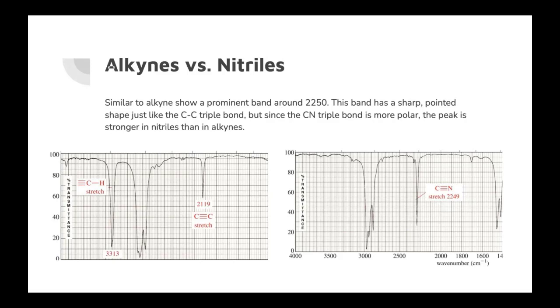If it's right in the middle, you might not even see it. It's generally a weak to medium band. If you have a nitrile, which is a carbon triple bond with nitrogen, that will show up in about the same place, but that tends to be a lot stronger because nitrogen is more polar. And again, looking at that 3000 region, you see a little bit above 3000 because the molecule is not fully saturated.